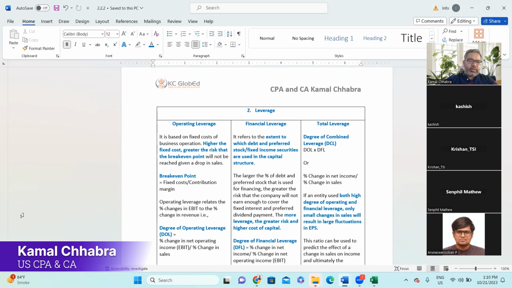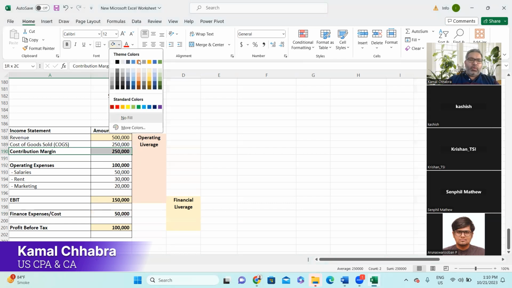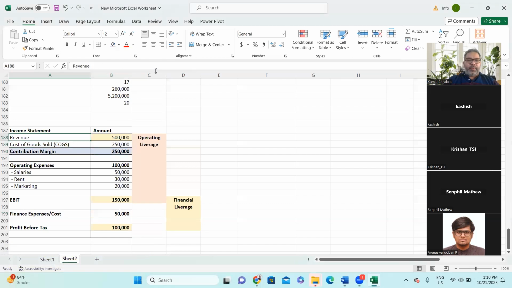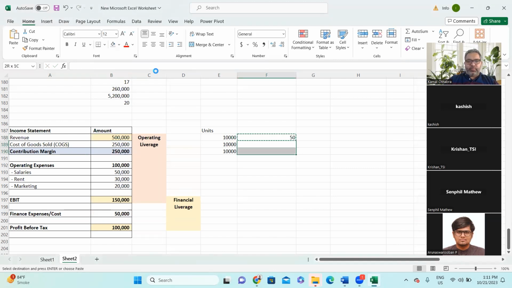So here in this example, what is your contribution margin? 250,000, right? Everyone comfortable? Let's assume the units: they have 10,000 units sales, and this is also the same. Then per unit sale is this divided by this, right?